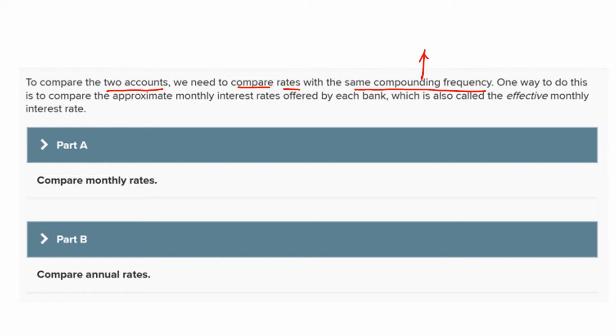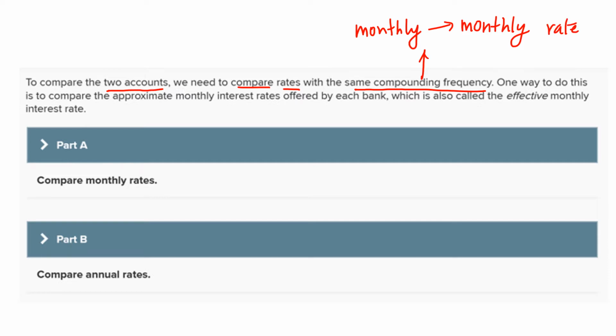Means what? So if the compounding frequency is say monthly, that means after the end of each month we are doing the calculation of interest. In that case, we will be comparing both the banks or both the accounts that we are handling here on a monthly basis. So we look at the monthly rate of interest.